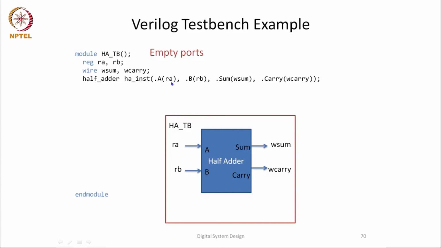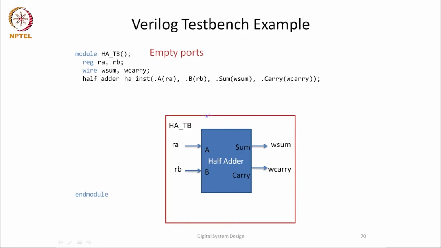So dot A is connected to RA of our test bench. Similarly, dot B is connected to RB of the test bench. Dot sum is connected to W sum, and dot carry is connected to W carry.